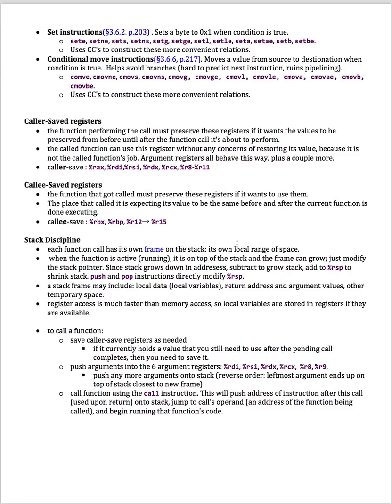And then upon returning from the callee, it restores the value of the register.